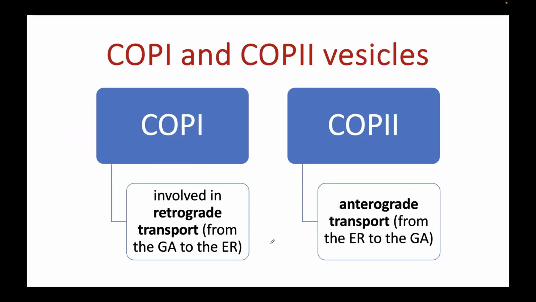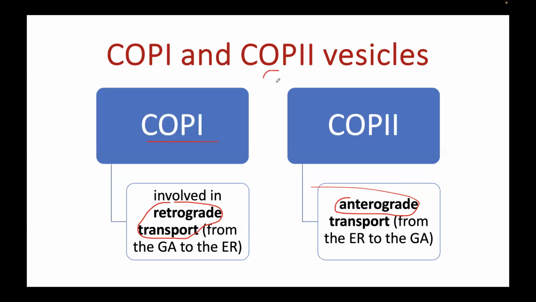So what's the difference between the two? COP1 is retrograde transport. When you say retrograde transport, it's from the Golgi apparatus to the endoplasmic reticulum. COP2 is involved in anterograde transport. That means from endoplasmic reticulum to the Golgi apparatus.